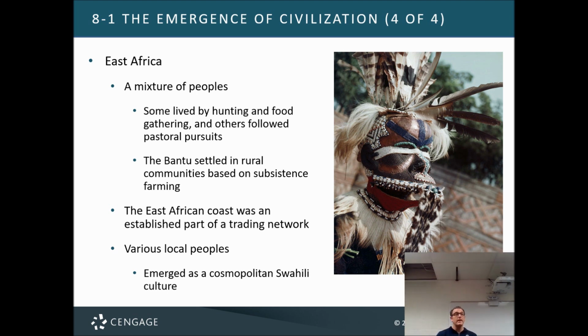Really throughout most of the African continent, the mother language is called Bantu. So Bantu is a family of languages that, again, there's over 100 spoken languages throughout the African continent, but many of them contain words or traces of this old mother language. And the Bantu peoples migrated out from their original homeland in Nigeria all throughout East Africa.